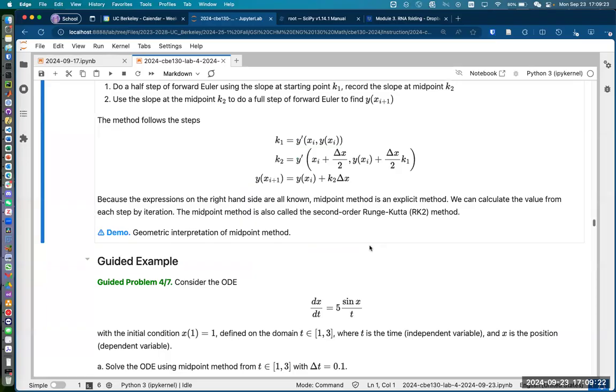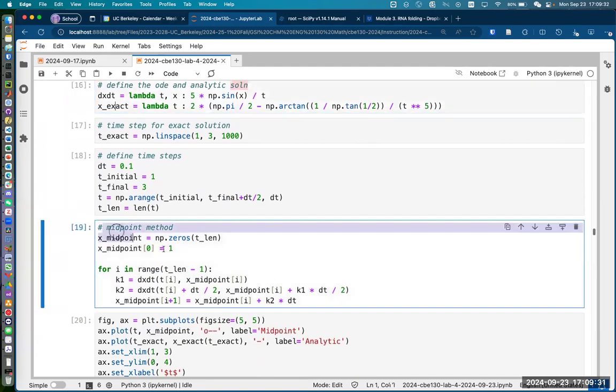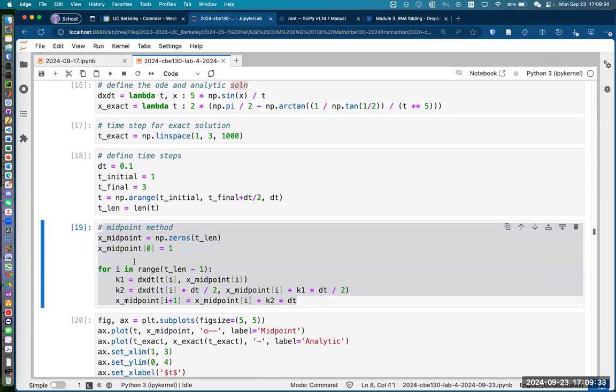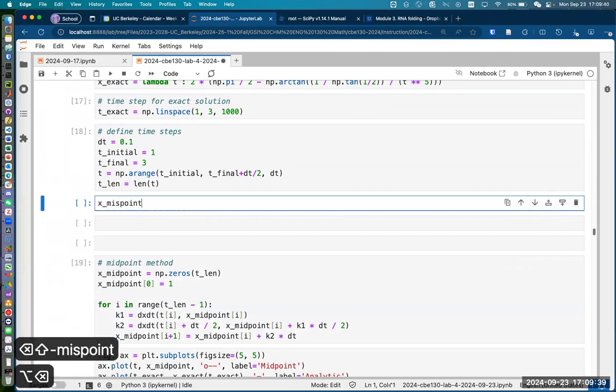And then for the guided problem, again, it's the definition of the ODE, the exact solution, and the time steps. And the important part is how do we define the midpoint method. So again, we want something to contain our results. So let's name that x of midpoint, of the size of the length of t.